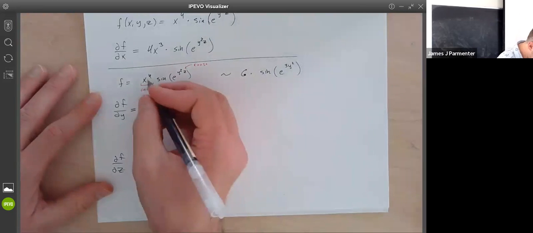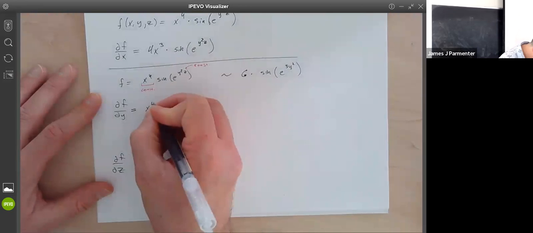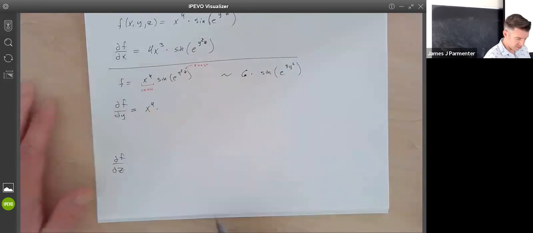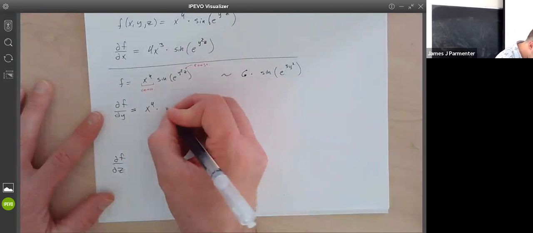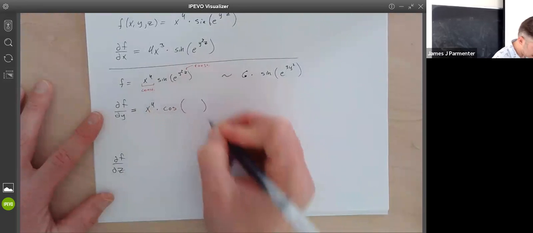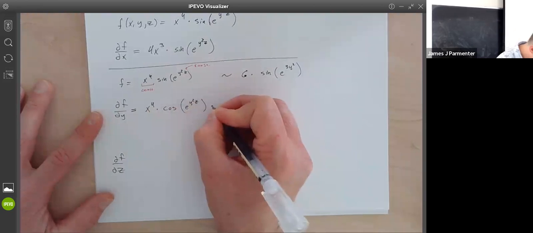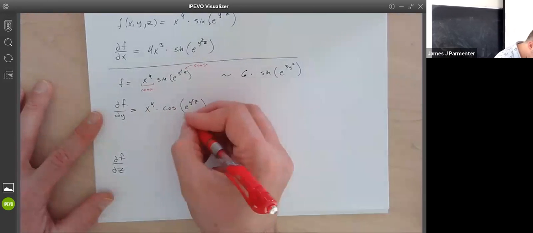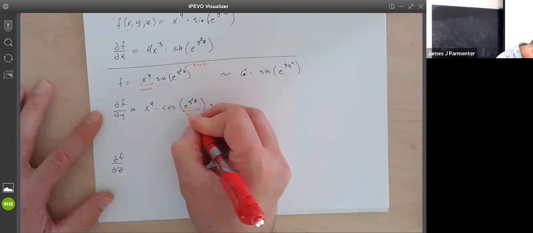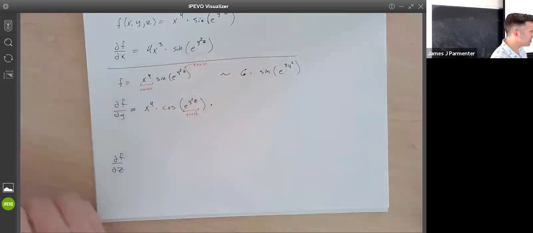So I'm thinking, okay, this x^4 is going to hang out. And the derivative of sine of some stuff is cosine of the stuff times the derivative of that stuff. I have to use the chain rule again, because the derivative of e to something is e to the thing times the derivative of the thing.